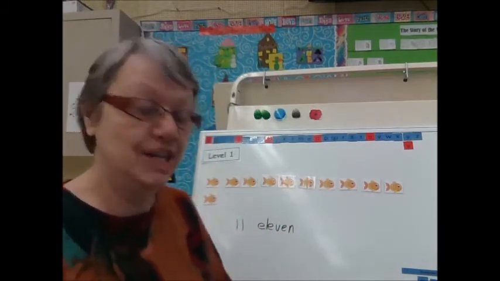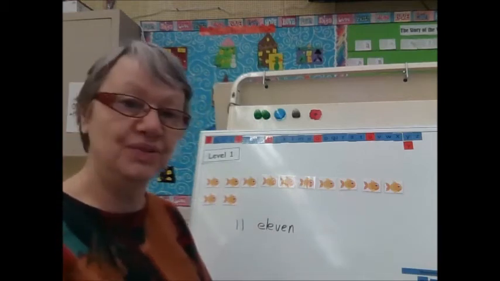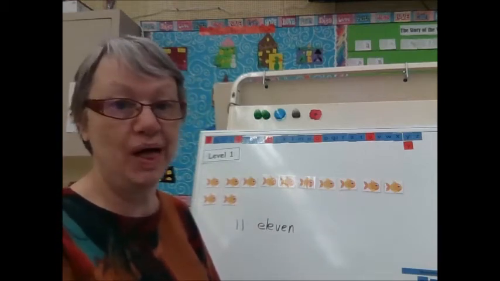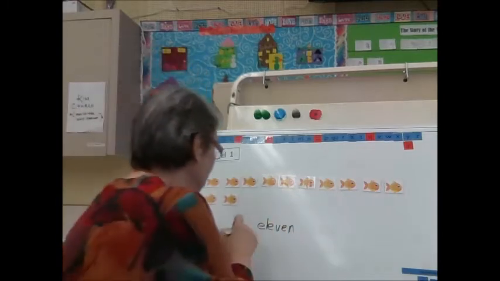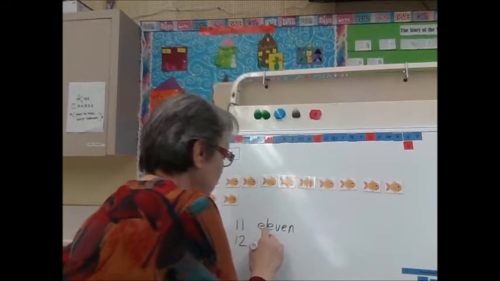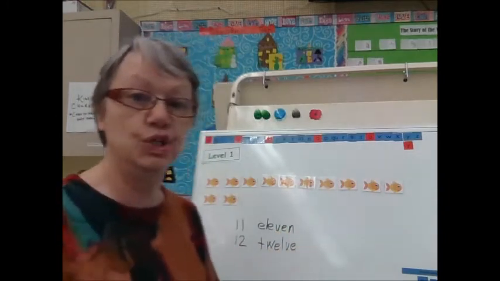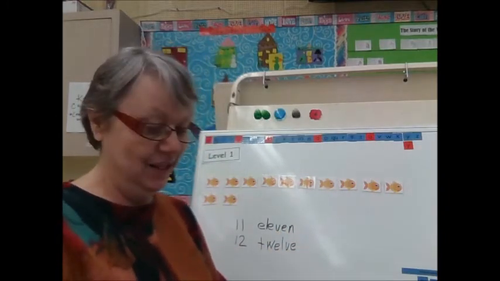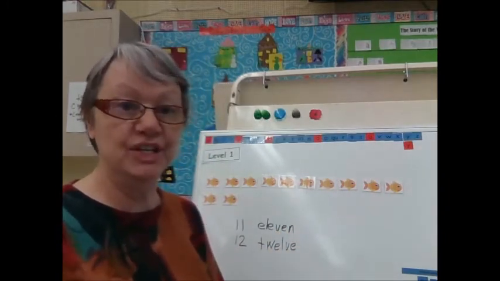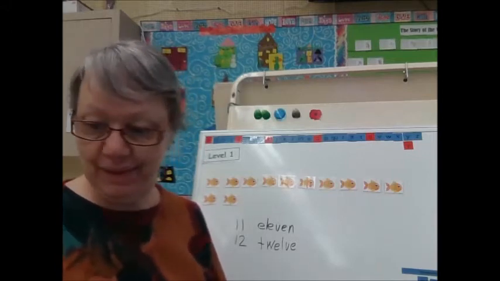Now I'm going to add another fish. What is that? If you said 12, you are right. 12. And we write the number 12. So you need to be writing this in your notebook, okay? To practice writing the numbers and writing the words for our math.